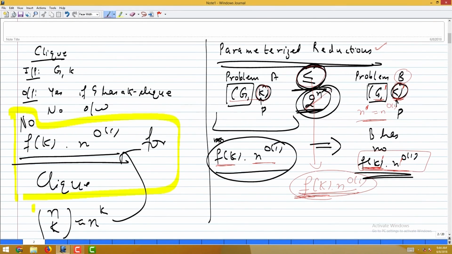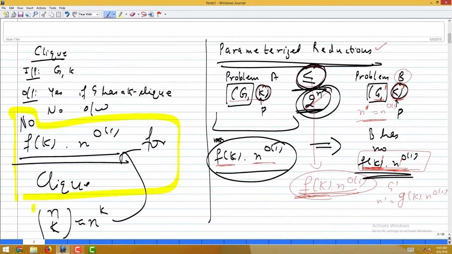Of course, modulo k prime is also well behaved, but the point is, even if the graph G prime that you construct has size, let's say, g of k into polynomial in n, then also it's not a problem, right? Because when I use this algorithm for B, n prime would be g of k into polynomial in n.